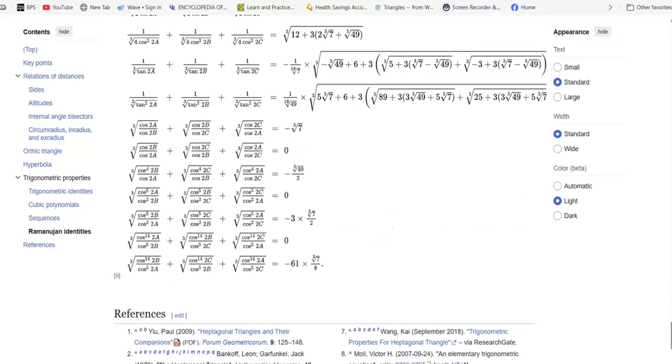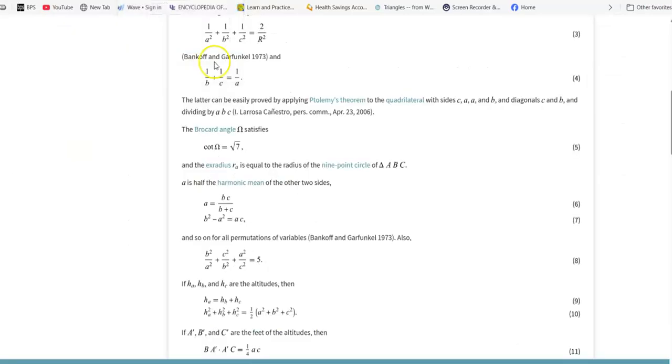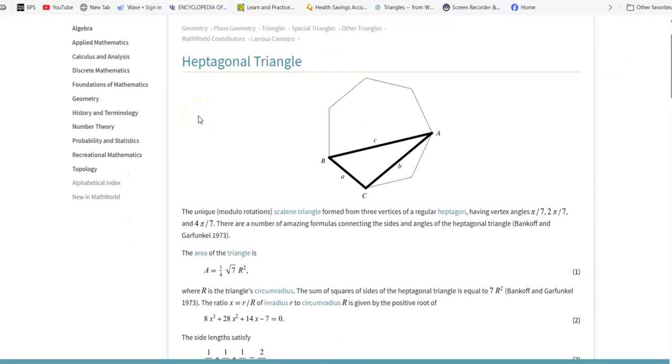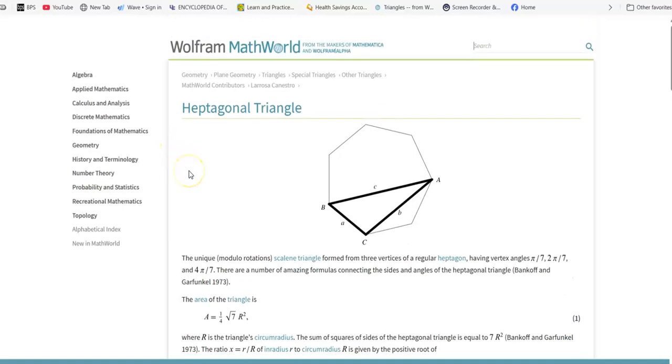There's also another article that you can find if you type in heptagonal triangle into a search engine. The first two entries that usually pop up are the Wikipedia article, and then you get one from mathworld.wolfram.com, or Wolfram MathWorld. Probably the preeminent mathematical encyclopedia before Wikipedia came on the stage.